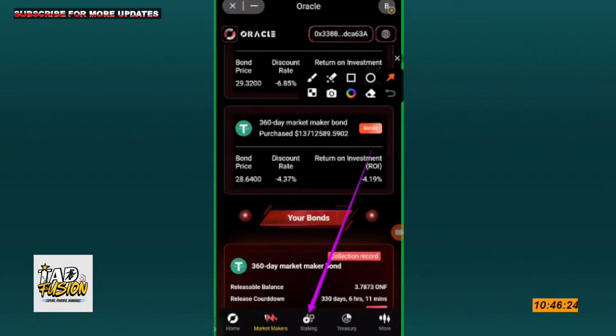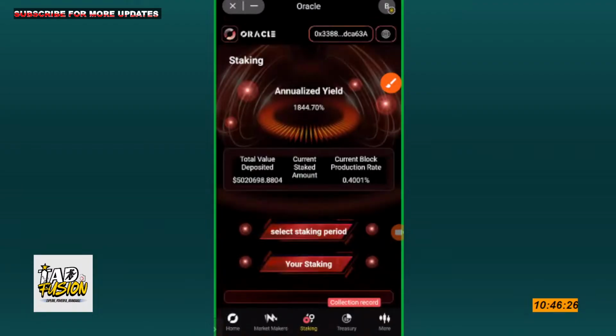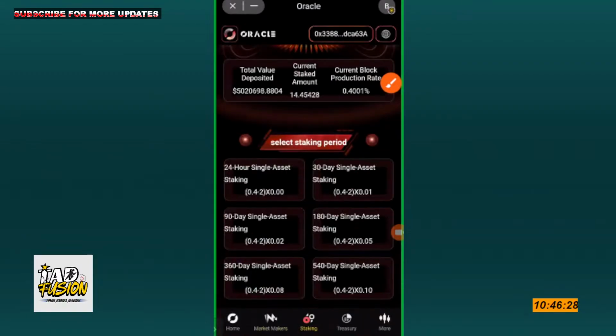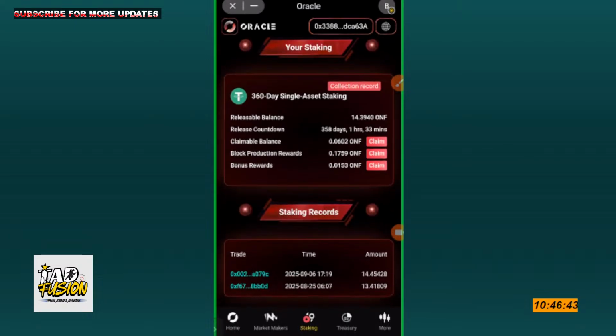Under staking, we are locking the ONF tokens that we have bought from Jucoin. We are locking them into the system.